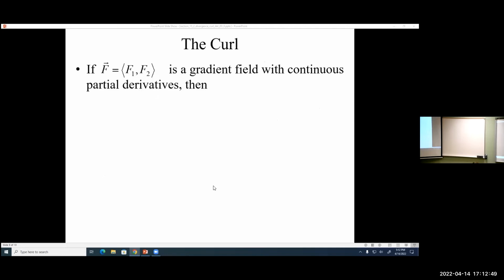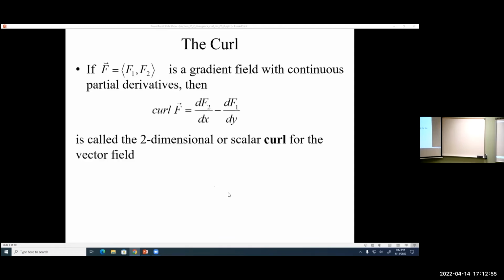So if we know something's a gradient field, then we know it's made up of the partials of some function. Then we can calculate the curl: df2/dx minus df1/dy. This is the one where I said it's opposite. That's our 2D curl.